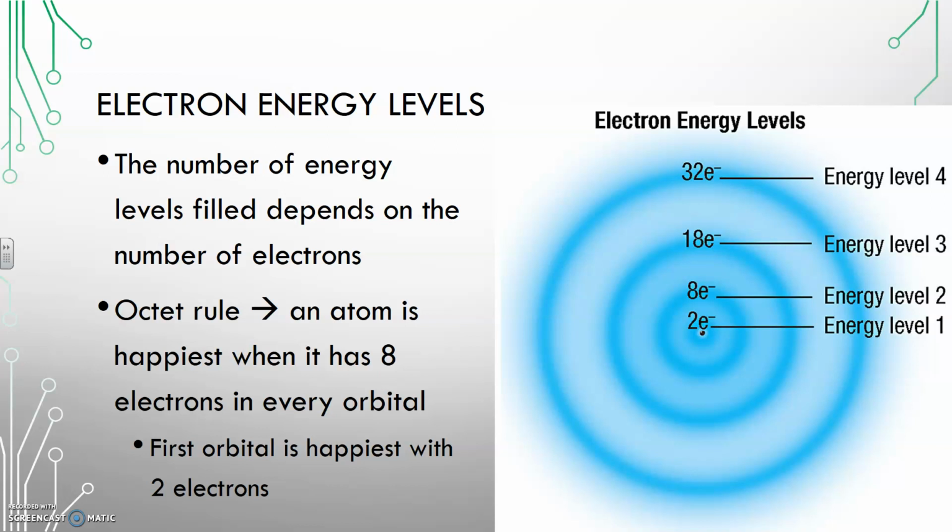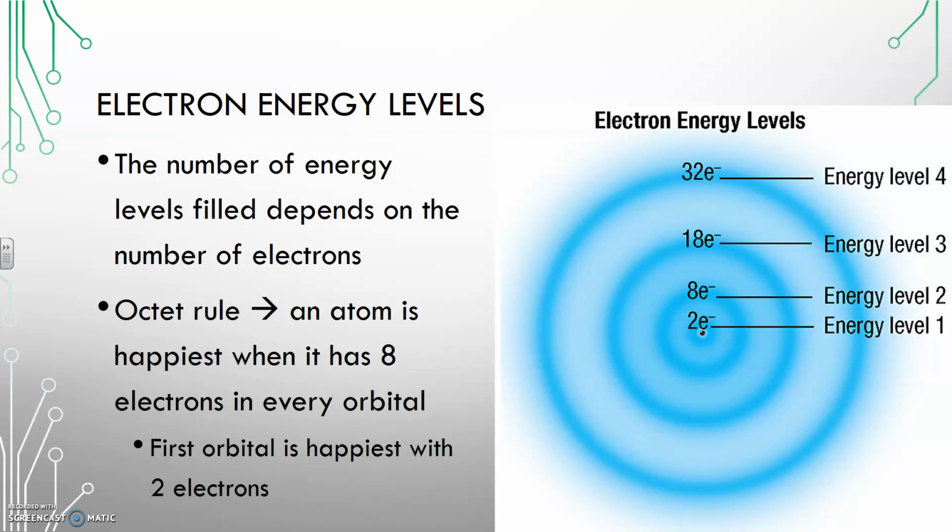Don't worry too much about this just yet. Your outermost orbital will have the octet rule apply, where it becomes the most unreactive when it has 8 electrons in that orbital. That's why the noble gases are relatively unreactive.